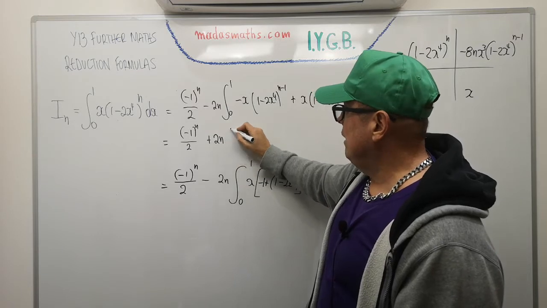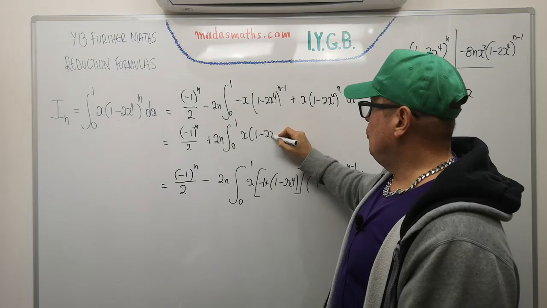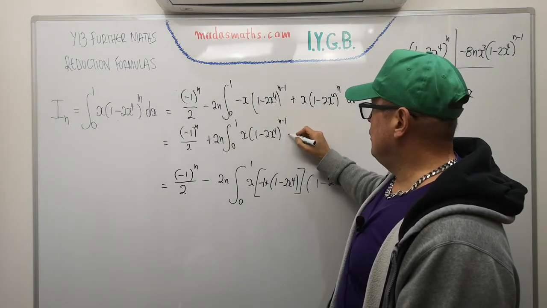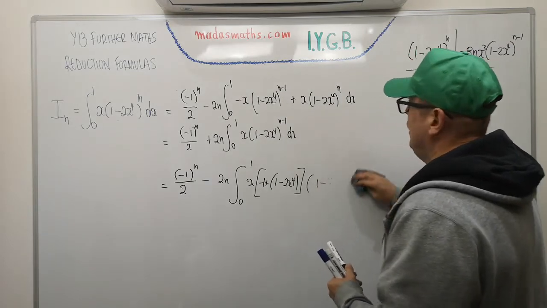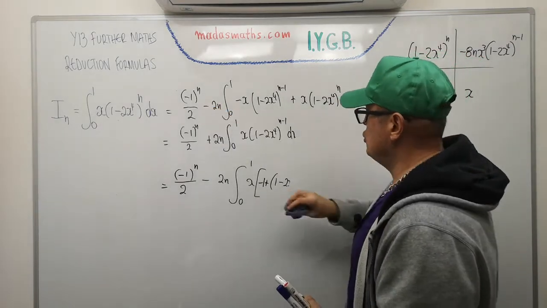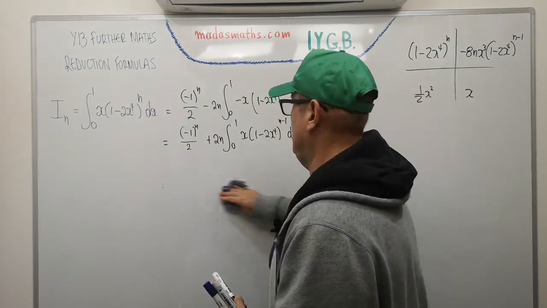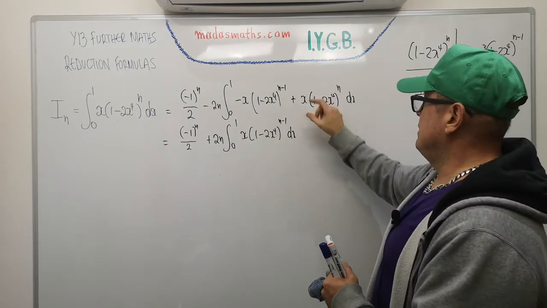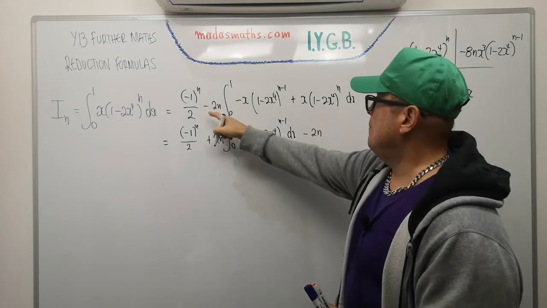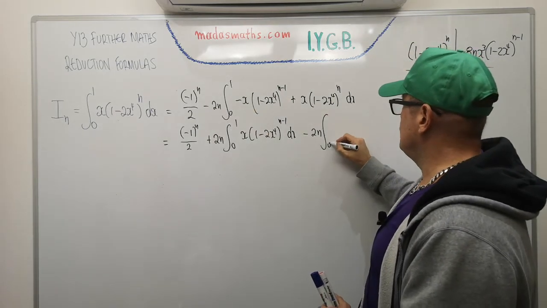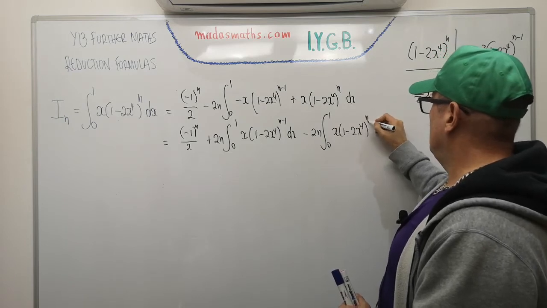So 2n integral 0 to 1 x 1 minus 2x to the power of 4 to the power of n minus 1 dx. And now be careful with the second integral, because of course when I split it, that still has a minus 2n in front of it. Very easy to forget and just go and split and just write that. So minus 2n minus 2n integral 0 to 1 x 1 minus 2x to the 4 to the power of n dx.